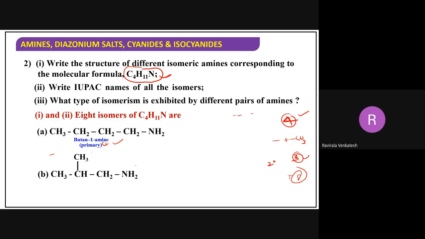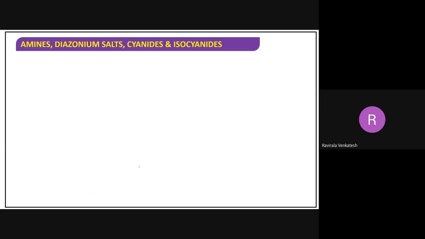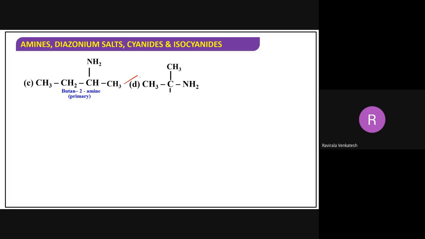Now this is called butane-1-amine. This is called isobutylamine, otherwise 2-methylpropan-1-amine. This can also be written. Butane-2-amine. Next one, this also we have written: tertiary butylamine, primary amine only. Methyl ethanamine.